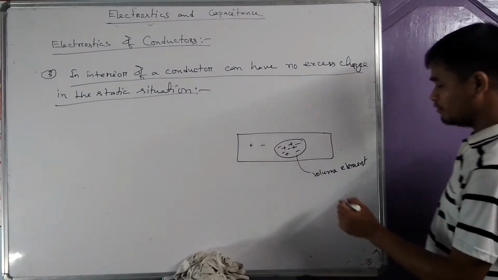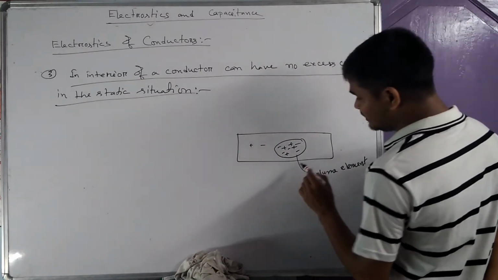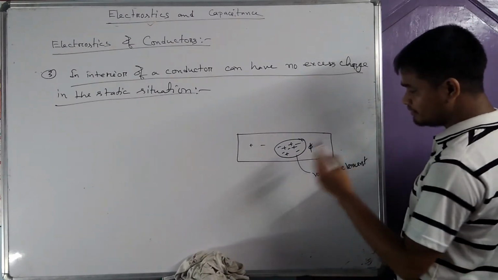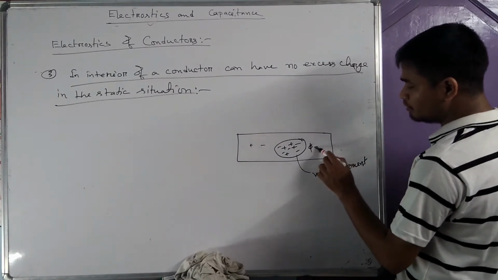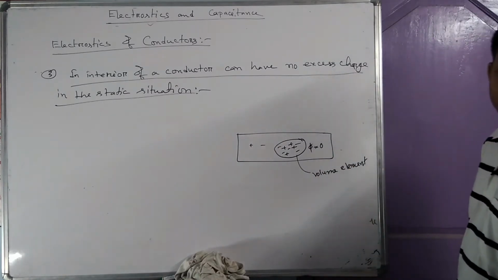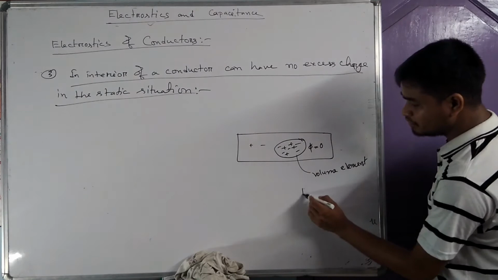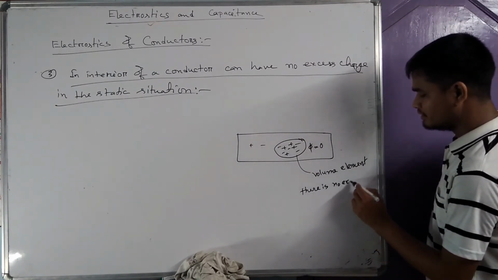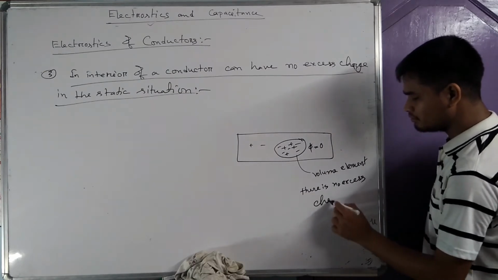If we see the flux phi, it is always 0 here. That is, there is no excess charge.